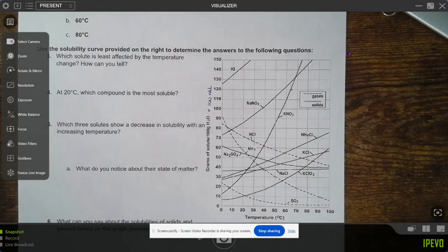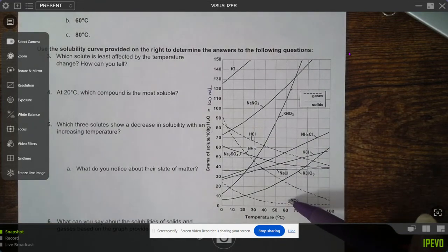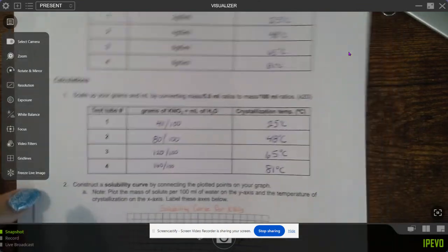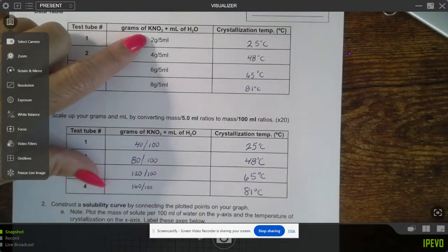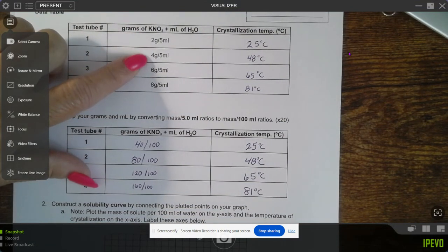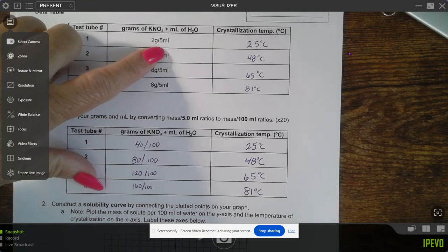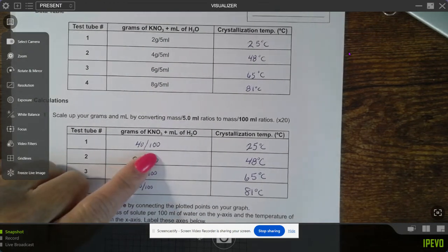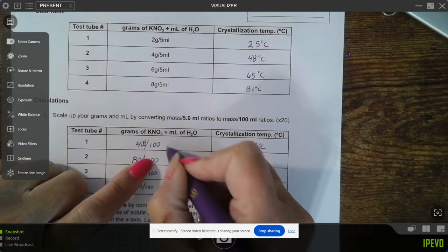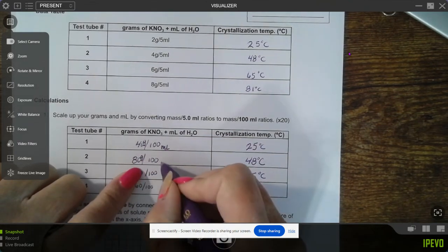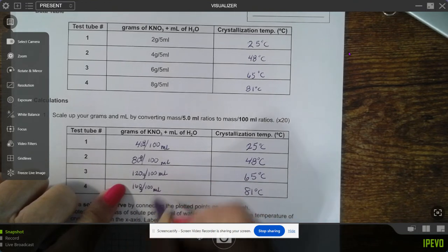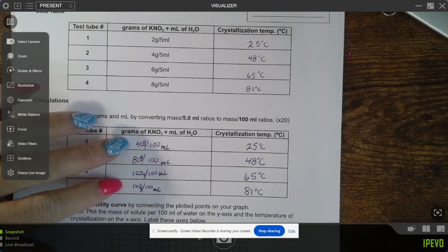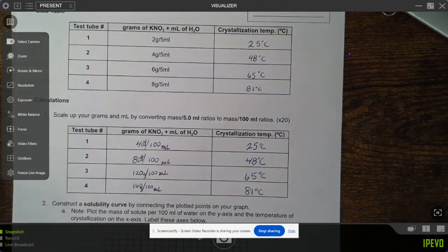So we have to have numbers that would go on this graph, meaning in 100 grams. All we have to do to scale that is multiply our numbers by 20. So 2 grams in 5 milliliters of water becomes 40 grams in 100 milliliters of water. And I didn't put units. Everyone's data table should have this number of grams. The difference is going to be the temperatures that you recorded.